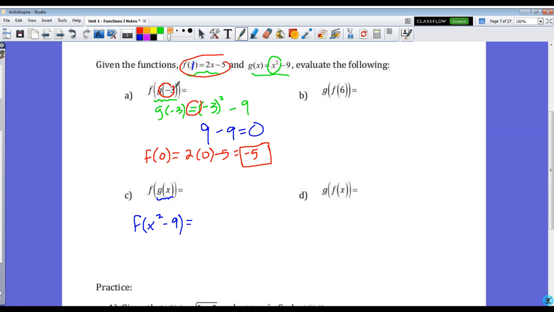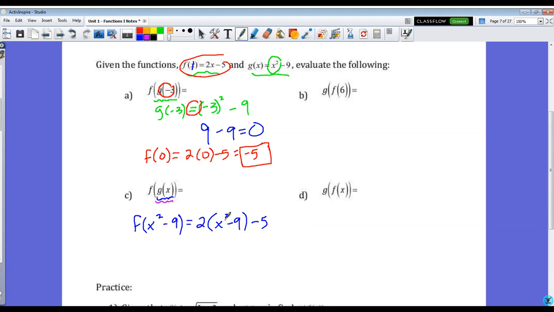F of 16 is 2 times 16 minus 5. F of smiley face is 2 smiley face minus 5. F of x squared minus 9 is just 2 times (x squared minus 9) minus 5. So just substituting whatever this is into x in our f of x function.